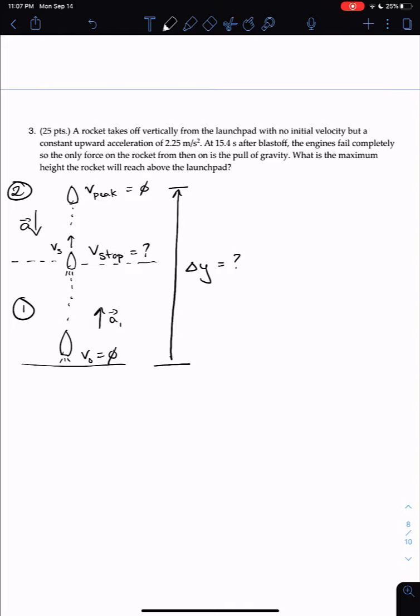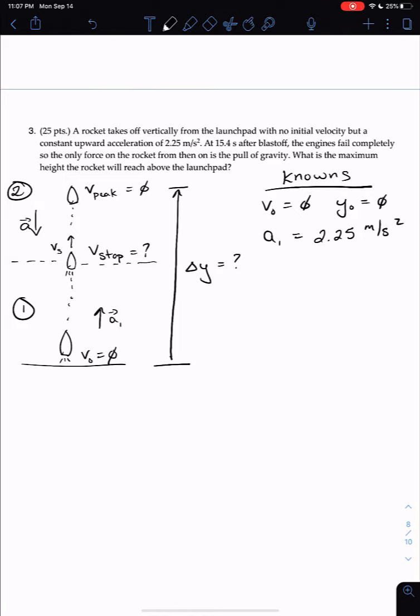So let's start with our knowns. I know that the initial velocity is 0. And let's say that the initial position is also 0. It tells me that my acceleration during all of part 1 is 2.25 meters per second squared.